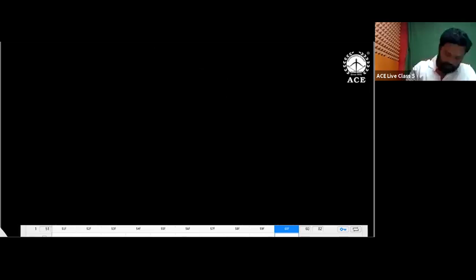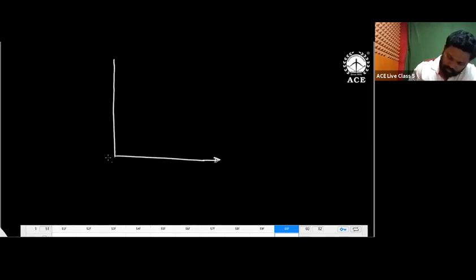Yes. Let me draw the right-handed coordinate system. Whenever I draw the coordinate system, undoubtedly it is a right-handed coordinate system. There is no doubt in that. You need to cross-check that. Observe here carefully. Here it is x-axis. Here it is y-axis.